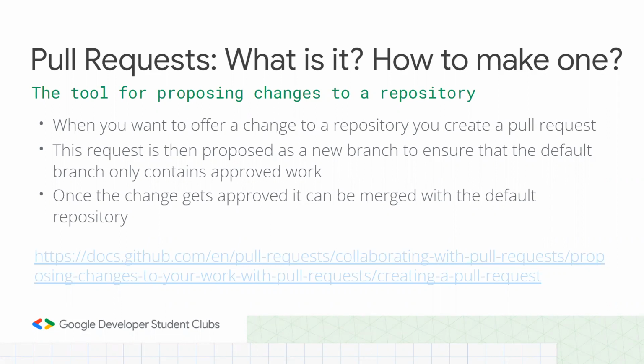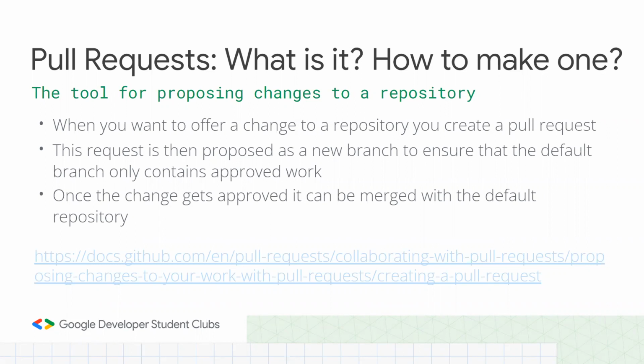What we mean by a new branch is that technically there's only the main branch, where the repository is completely, let's say, all the approved work that you have, everything that's okay to go. When you make a pull request, it separates it as, let's say, branch 1.